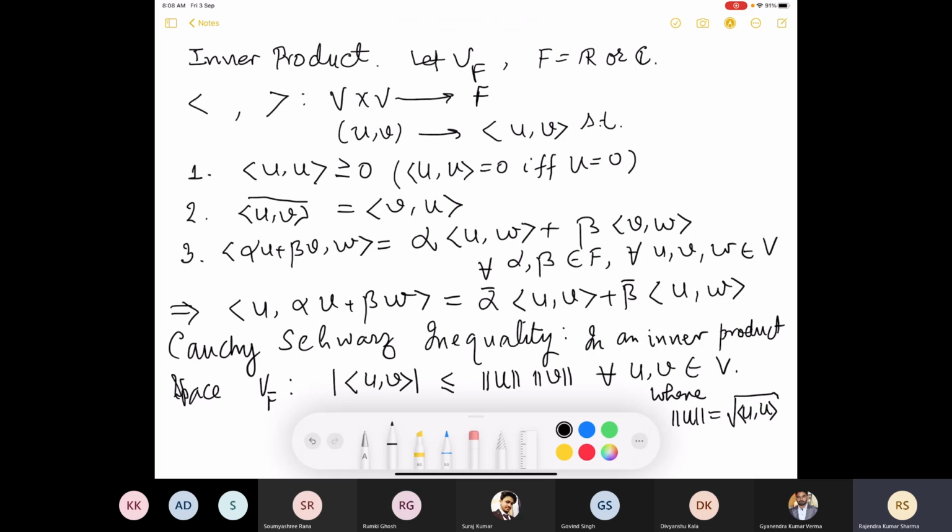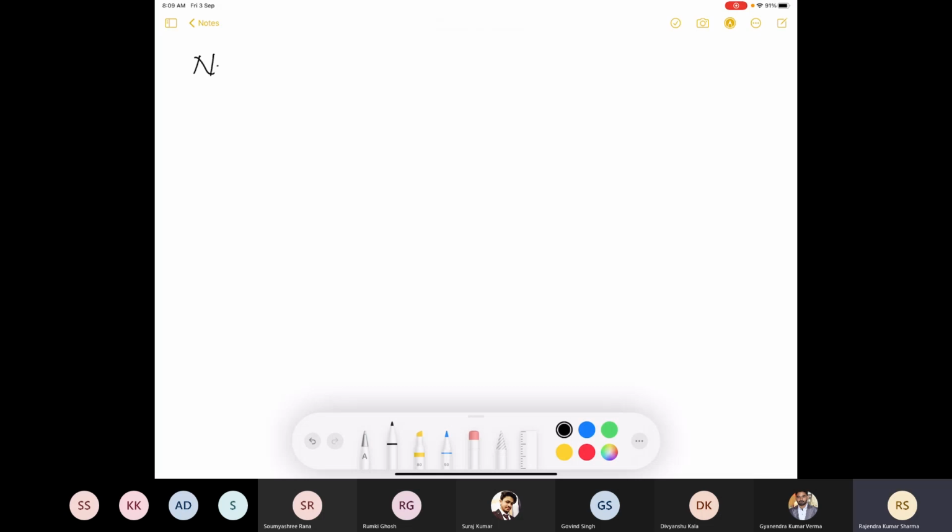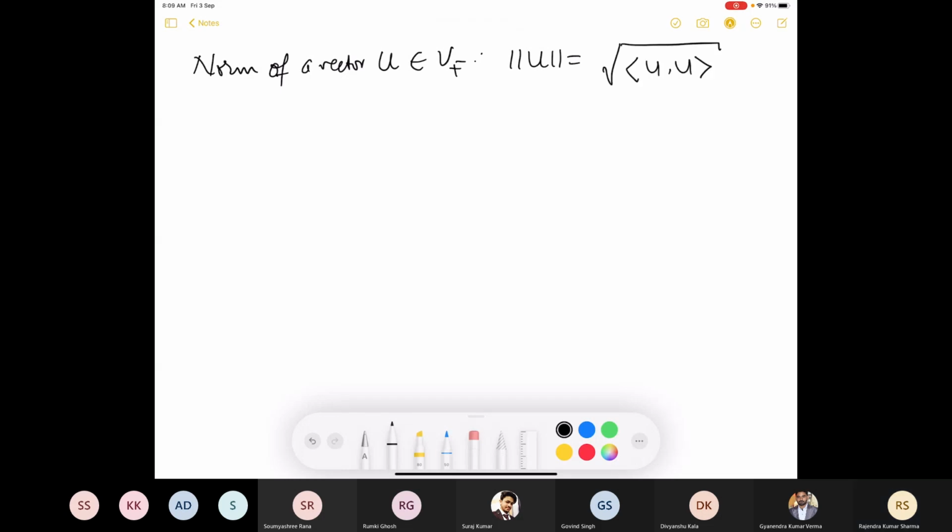The norm of a vector U in V over F we have defined as the positive square root of U comma U. And it has the properties.